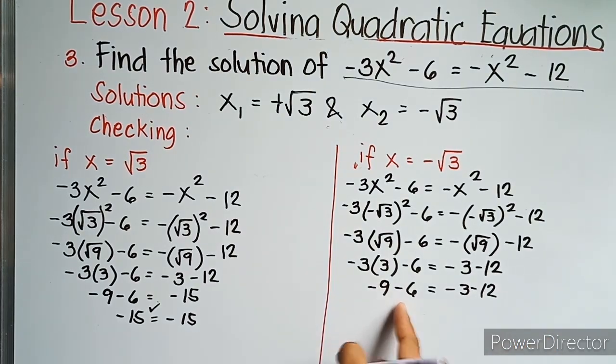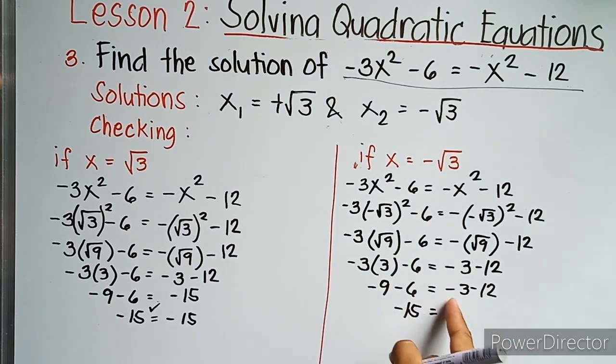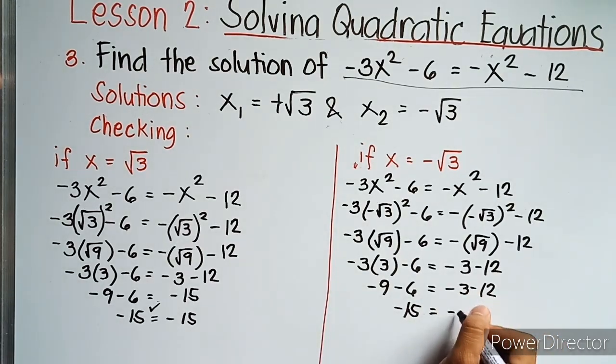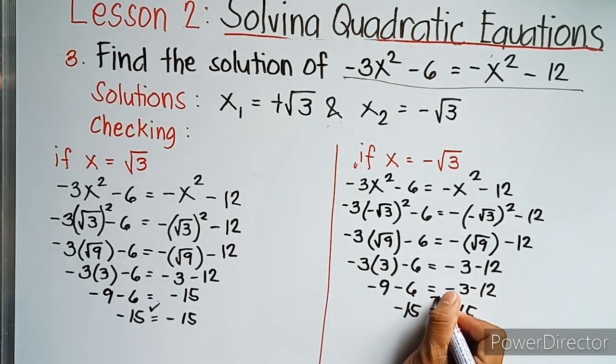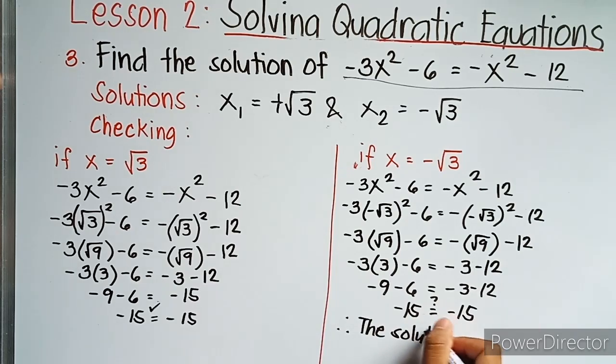So negative 9 minus 6 is negative 15 equals negative 3 minus 12 is negative 15. So therefore, the solution is square root of 3, negative square root of 3.